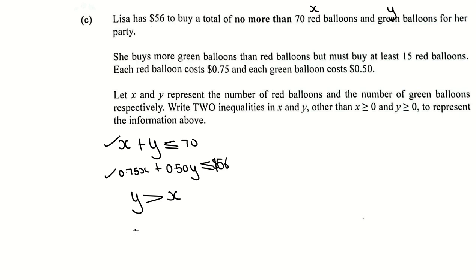So red is x, so x should be more than or equal to 15. The least amount is 15, so it could be equal to 15 or more than 15. Right? And these are all the inequalities that you would get from the information given. Up to you which one you want to do.